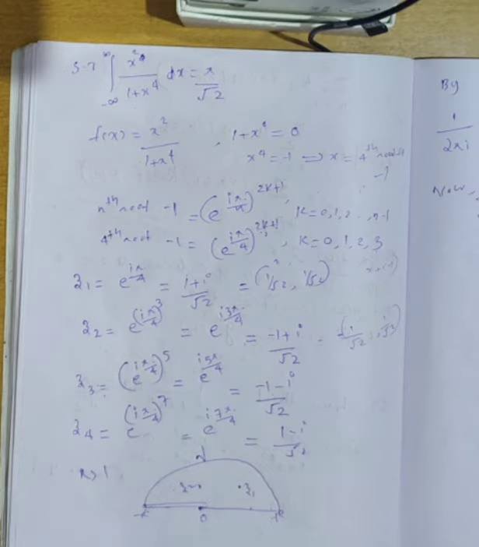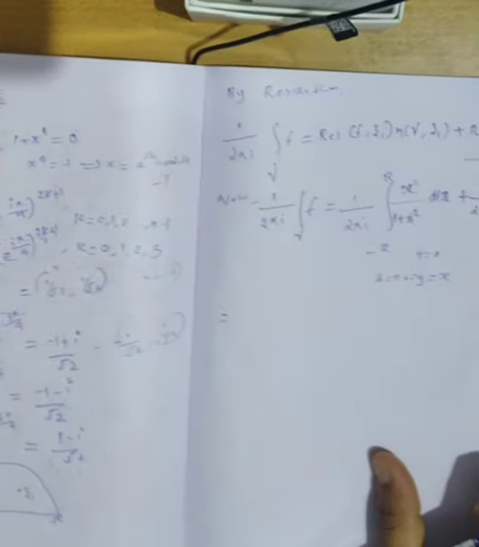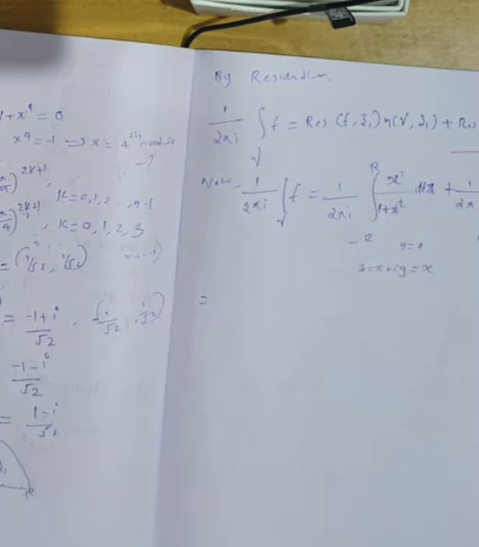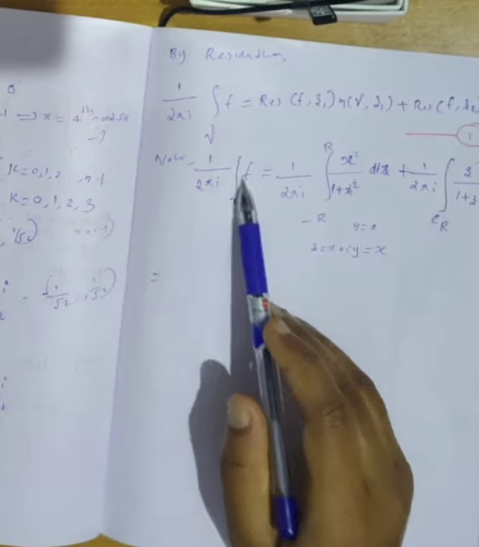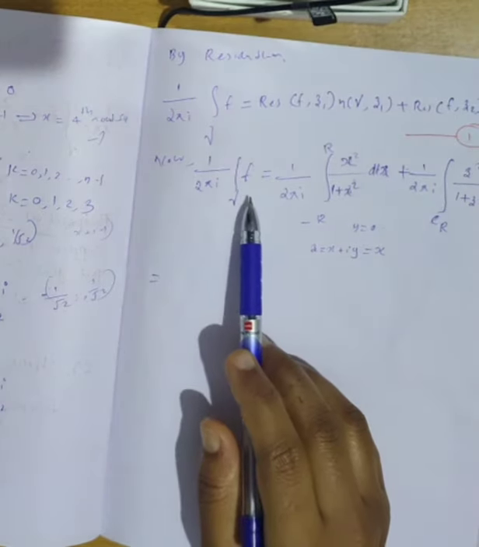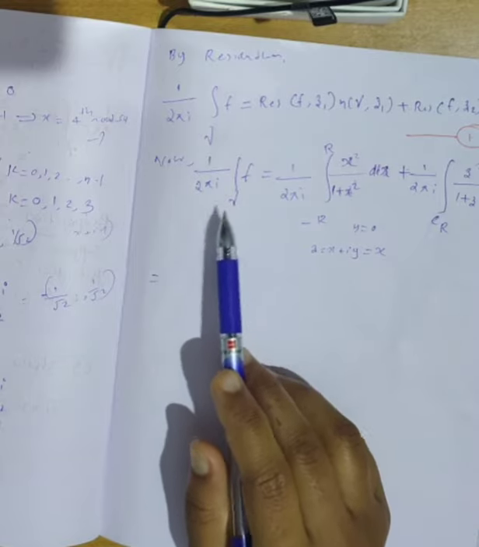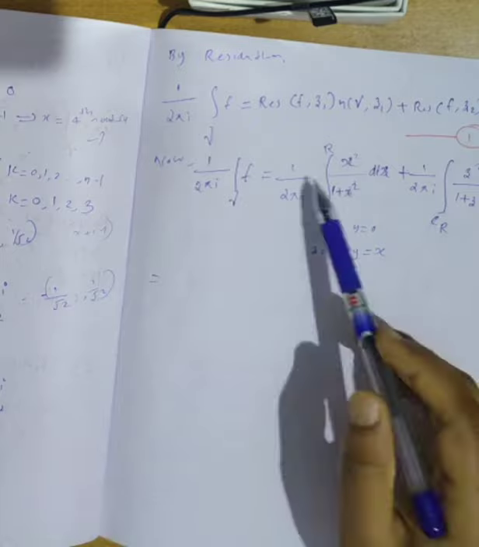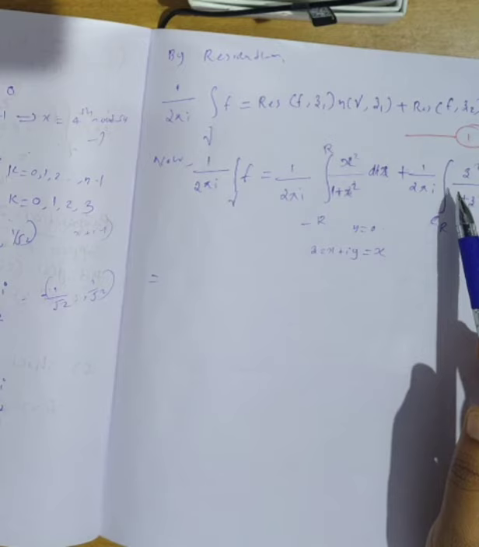Next, look at this once more. This is our 1, and we consider 1 by 2 pi I integral over gamma f. First we integrate this function along the real axis, and then we integrate along the semicircle.